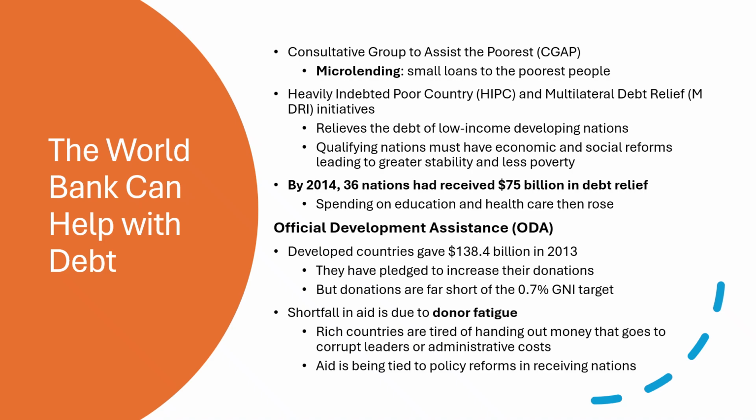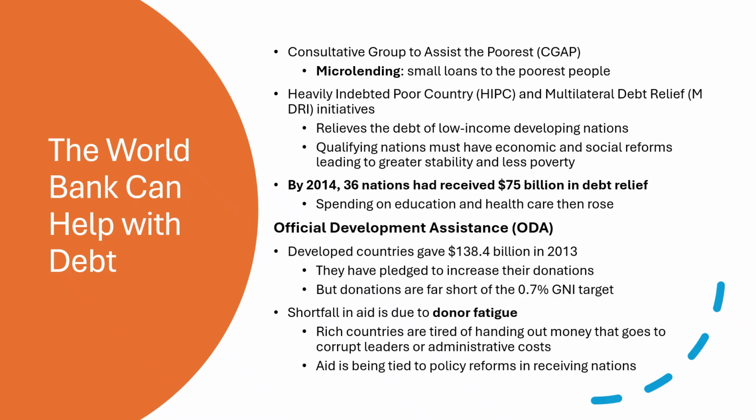And then you have some assistance programs that have been developed. In that type of program, the richest nations get together and act as donors. They make donations and fund projects without asking for any reimbursement. However, what we're observing today with this type of program is what we call donor fatigue.